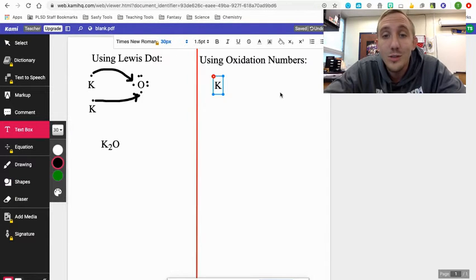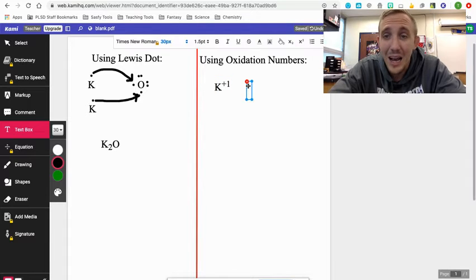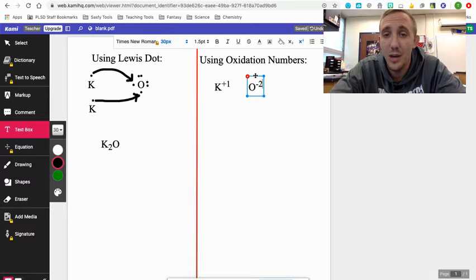So what you also can do is write your oxidation number. So it's going to be +1. And then what I'm going to compare it to is my oxygen, which is a -2 charge. And so I write it in ion form. Okay, and so the charge always goes in the top right.